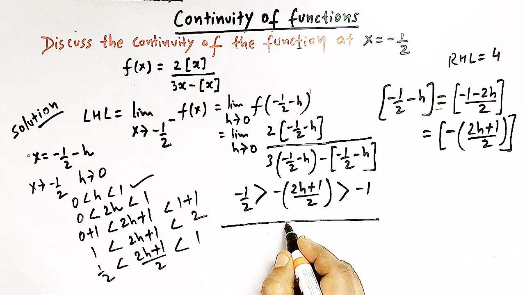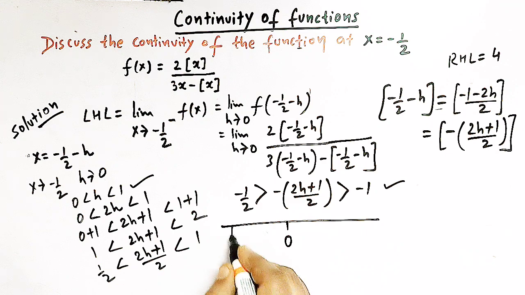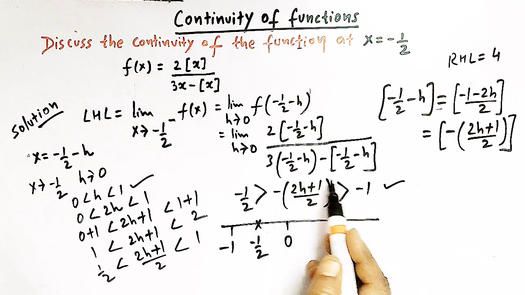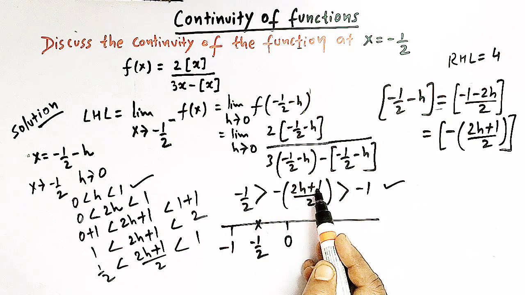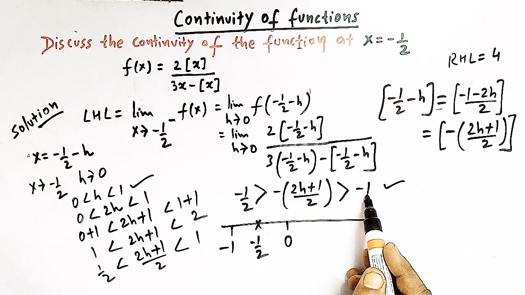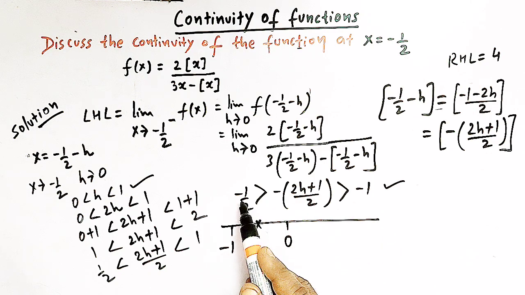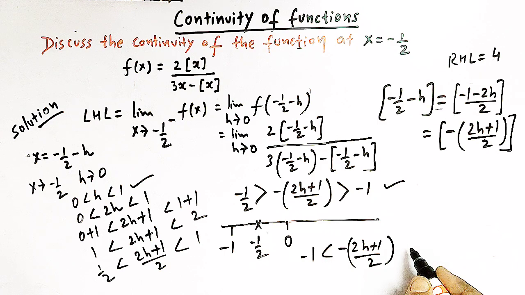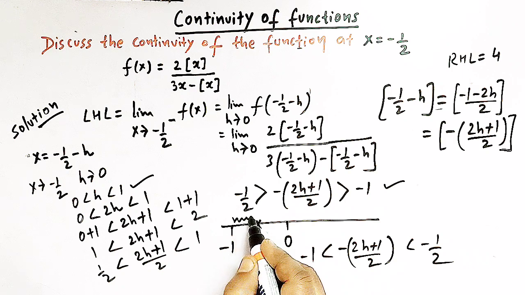So now from this inequality we conclude that minus 2h plus 1 over 2 is greater than minus 1 but less than minus half. So this value lies somewhere between minus 1 and minus half.